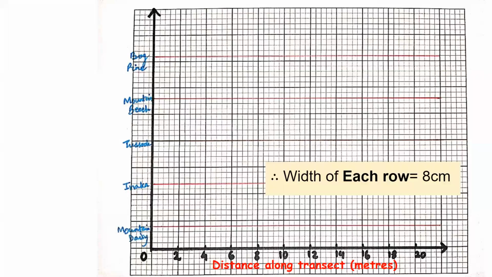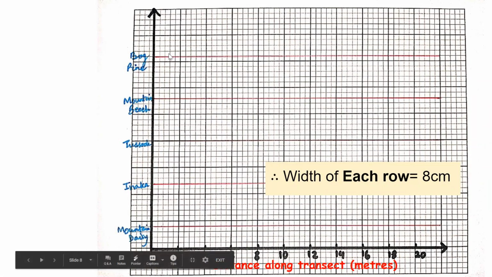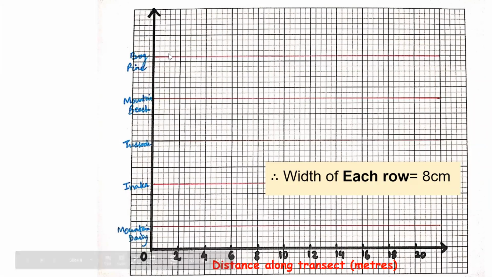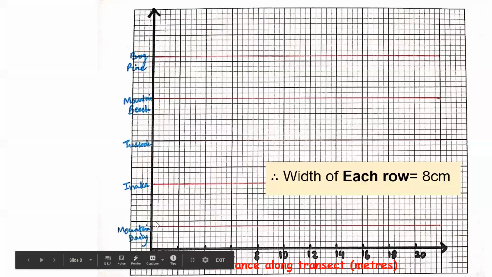So overall 8 centimeters. So in my graph, if each small square is say 0.1 or 0.2 millimeters, then this box that I am showing with my cursor is 1 centimeter. Will it be 1, 2, 3, 4, 5?